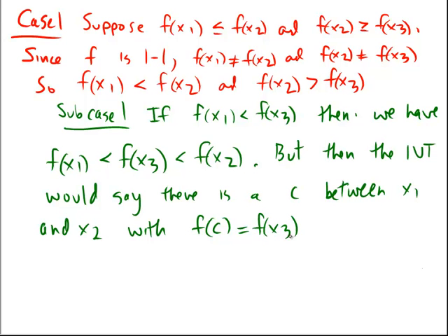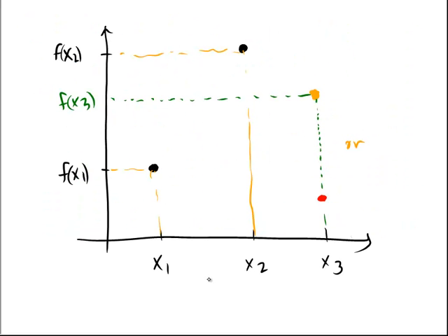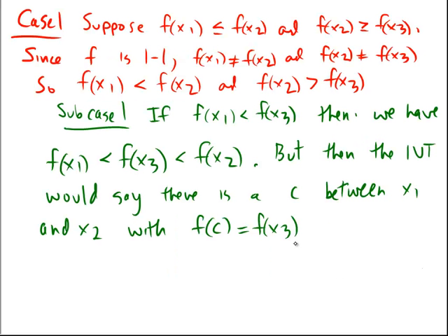Now, it might not be a problem if c was x3, but remember that c is between x1 and x2, so it can't be x3. So this here is a contradiction. This contradicts that f is 1 to 1. So that's no good. So let's go over into the other subcase.